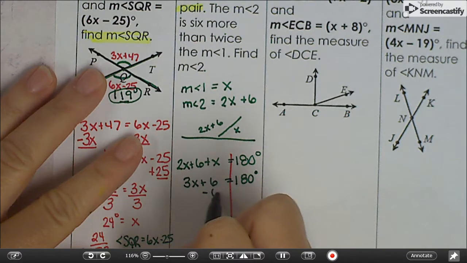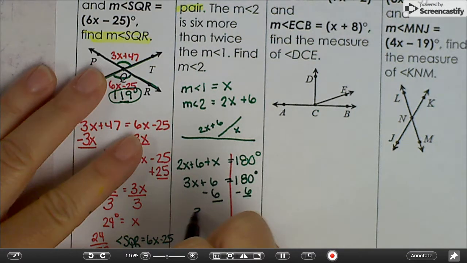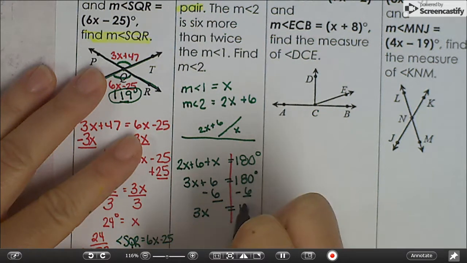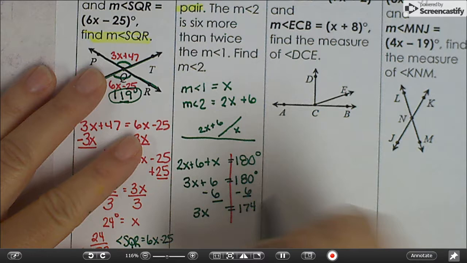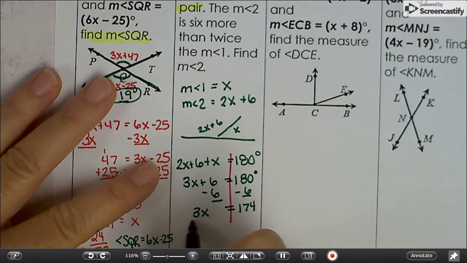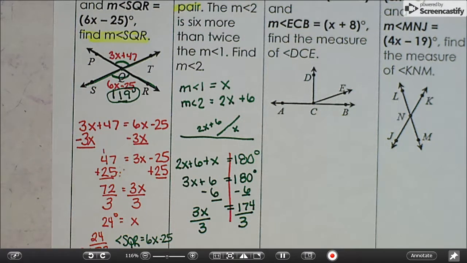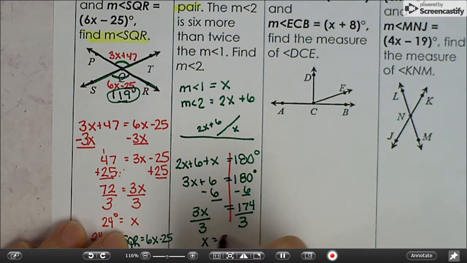And then subtract 6 from both sides. 3x equals 174. And then divide by 3. I'm doing that off to the side. X equals 58 degrees.